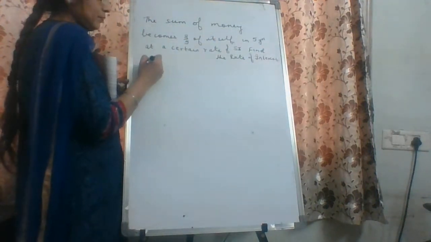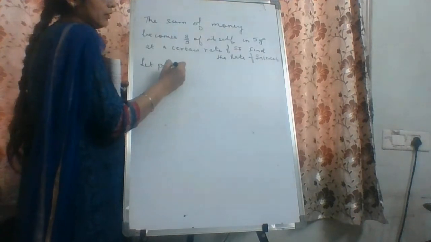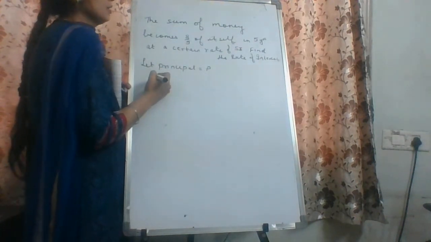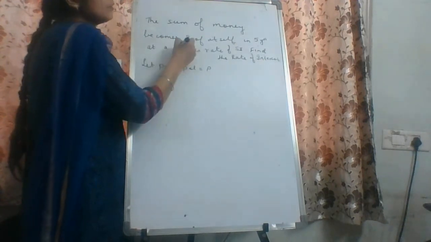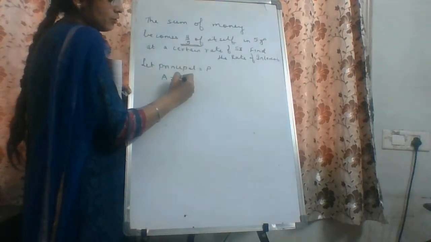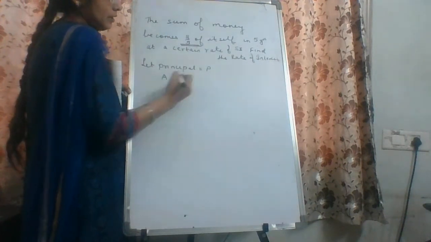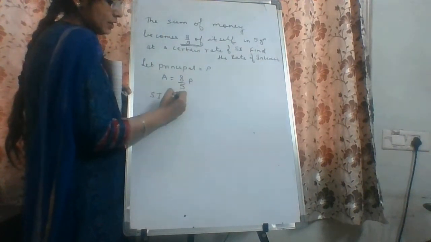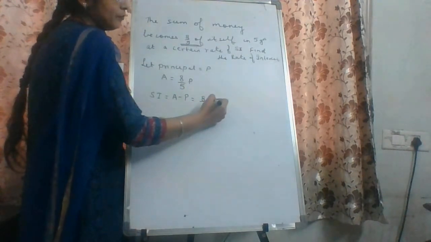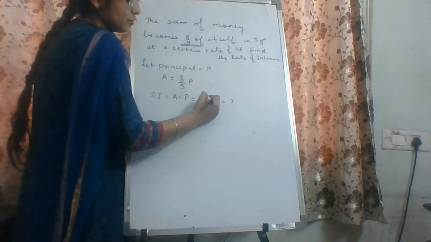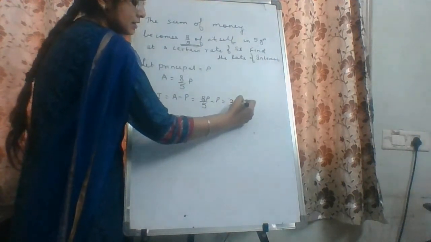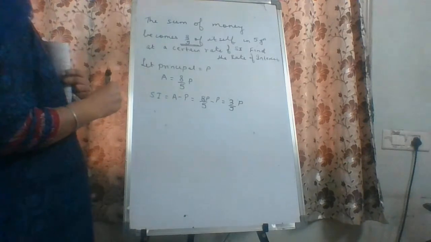Let principal be P. Sum of money becomes 8/5 of itself. Amount is equal to 8/5 of principal. Simple interest is equal to amount minus principal, 8 upon 5 P minus P, which is equal to 3 upon 5 P. This is the simple interest.